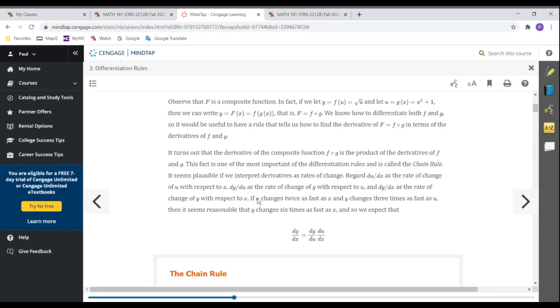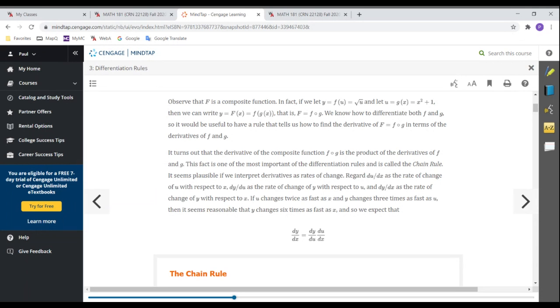Then let's suppose u changes twice as fast as x, and y changes 3 times as fast as u. It would seem reasonable then that y would change 6 times as fast as x.